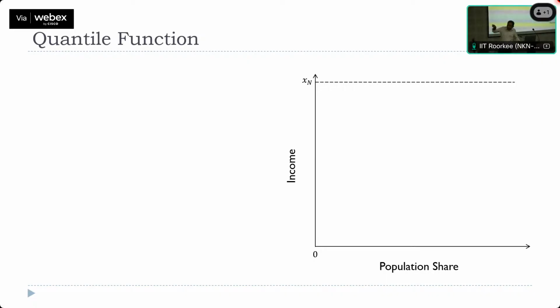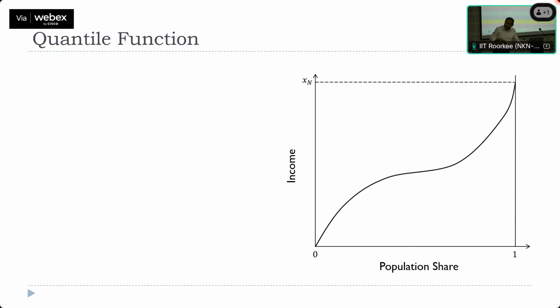Then suppose that is the highest possible income, xn. And this is, of course, the 100% population share. This is how a quantile function looks if you plot it. So if you have 1 million income observations, or 10 million income observations, it doesn't matter. You can just summarize them with a quantile function.